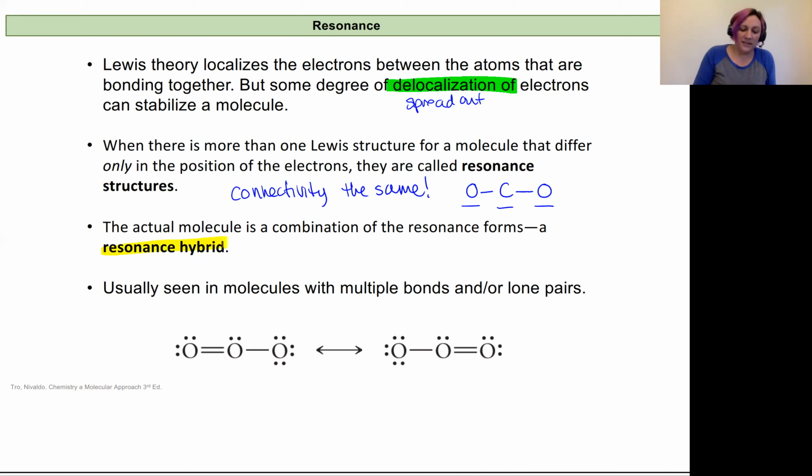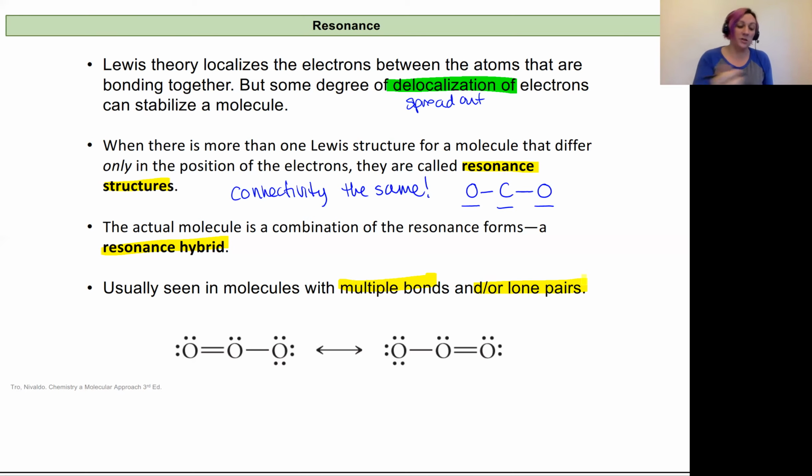We call that a resonance hybrid. So a molecule will have multiple resonance structures that combine to form a resonance hybrid. We typically see these with molecules that have multiple bonds and lone pairs. Rearranging electrons while the connectivity stays the same really requires lone pairs and multiple bonds to work with.